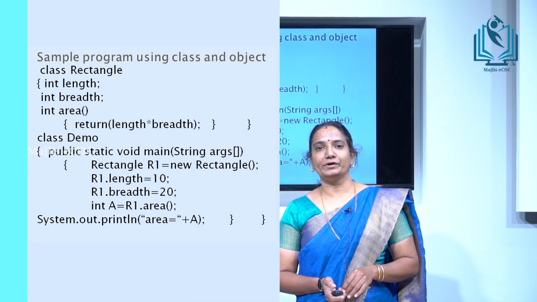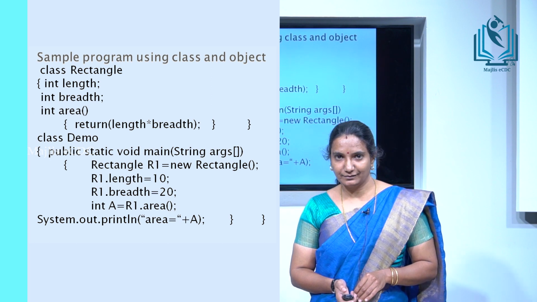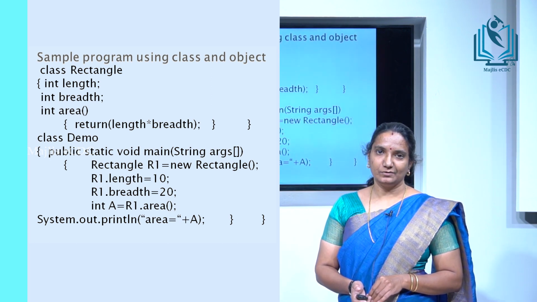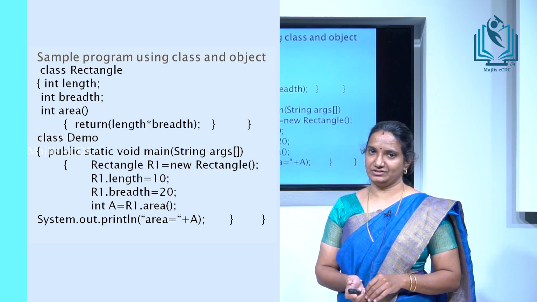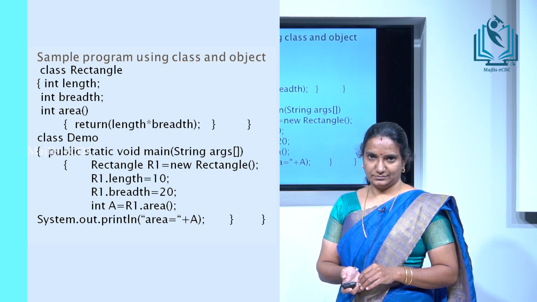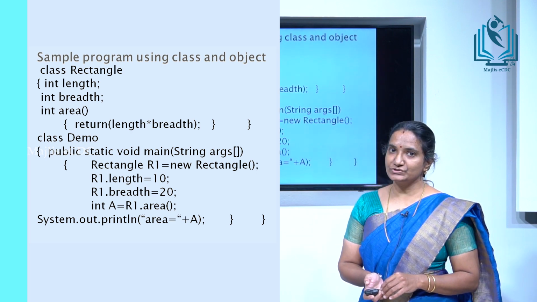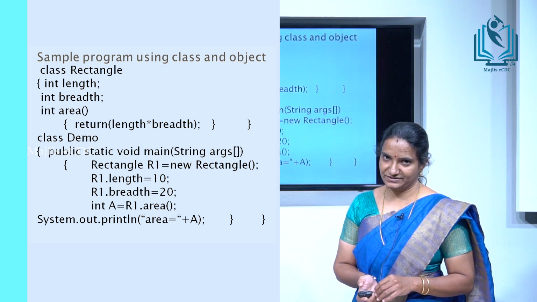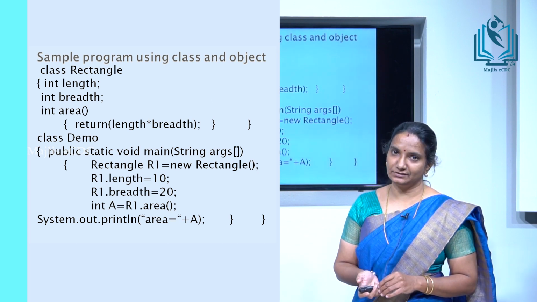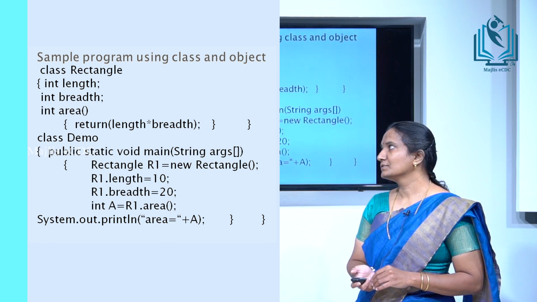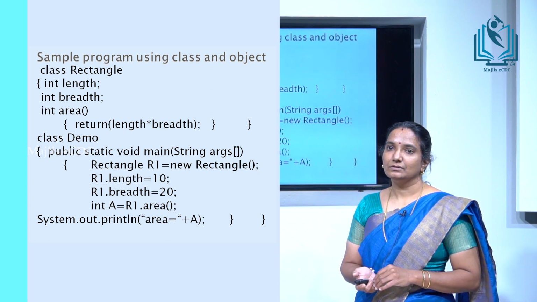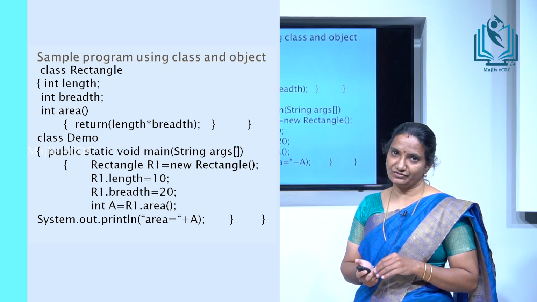Here I am going to conclude my class by summarizing using an illustration. Here is a Java program using class and object. Here we are calculating the area of a rectangle. So what we learned first, we have to define a class, the class definition.